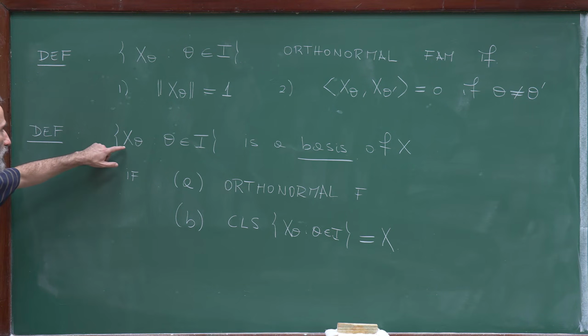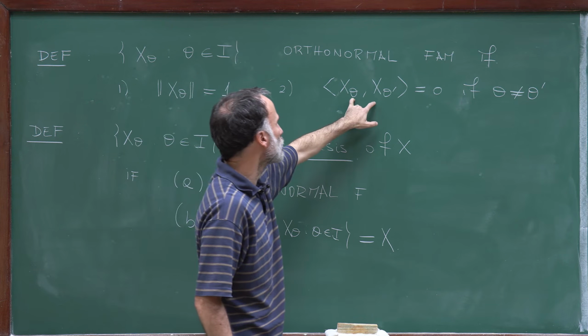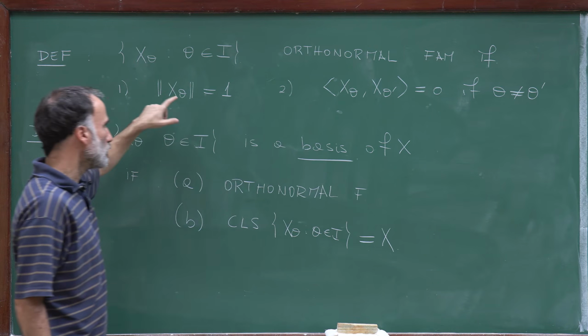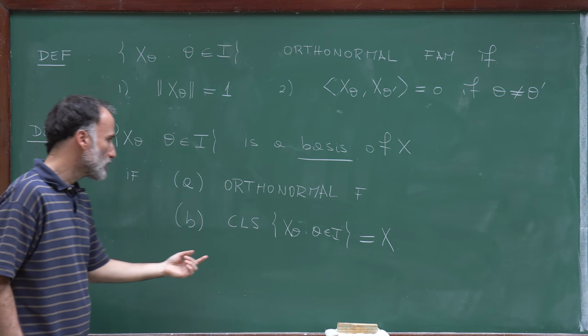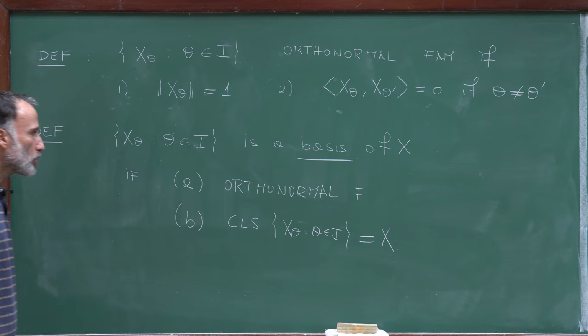So this family will be called a basis if it's orthonormal, so they are orthogonal 2 by 2 and they have all norm equal to 1. And besides, any element of x belongs to the closed linear span of this family.